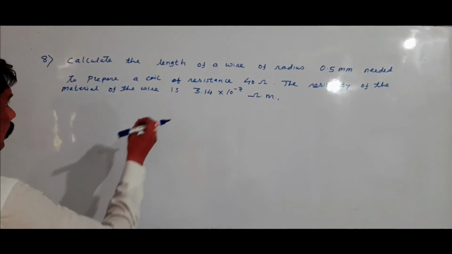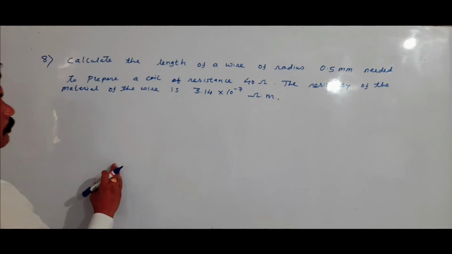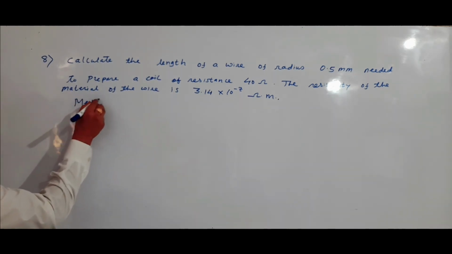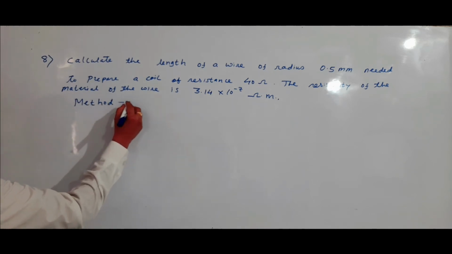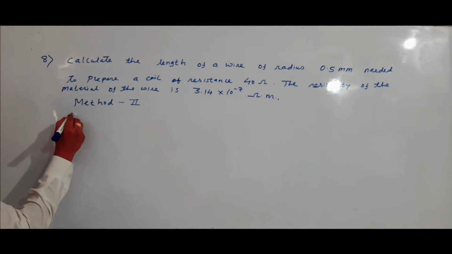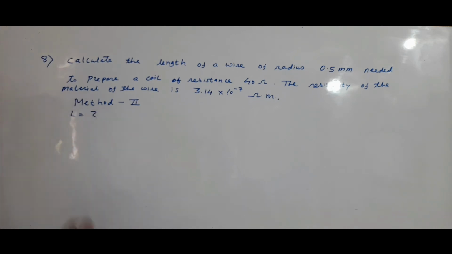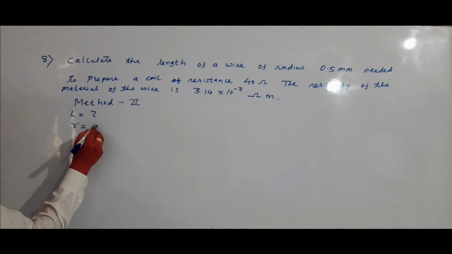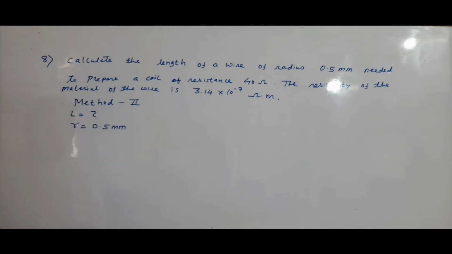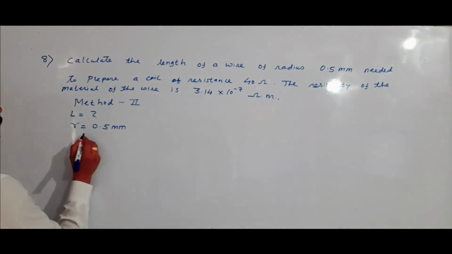My dear student, we solve the same problem by another method. Here, calculate the length of the wire. Length we have to calculate. The radius r is equal to 0.5 millimeter is given, but we have to convert it into meter.